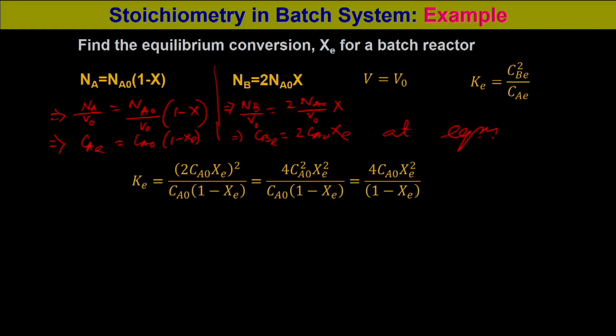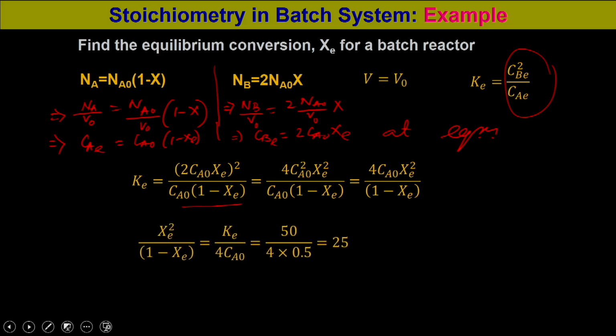So if we substitute these two over here, we would obtain twice Ca naught Xe, squared, divided by CAE, which is Ca naught into 1 minus Xe. If we simplify, this would be 4 Ca naught Xe square divided by 1 minus Xe.